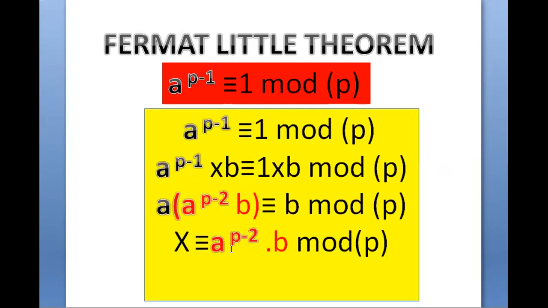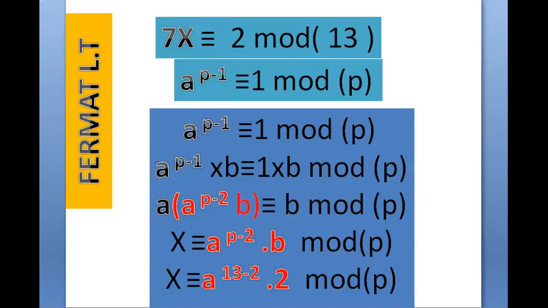So for Fermat's Little Theorem, we plug in the values. a is 7, p is prime, 13. So the inverse is a^(p-2) times b. b is 2. Since the prime is 13, minus 2 is 11.